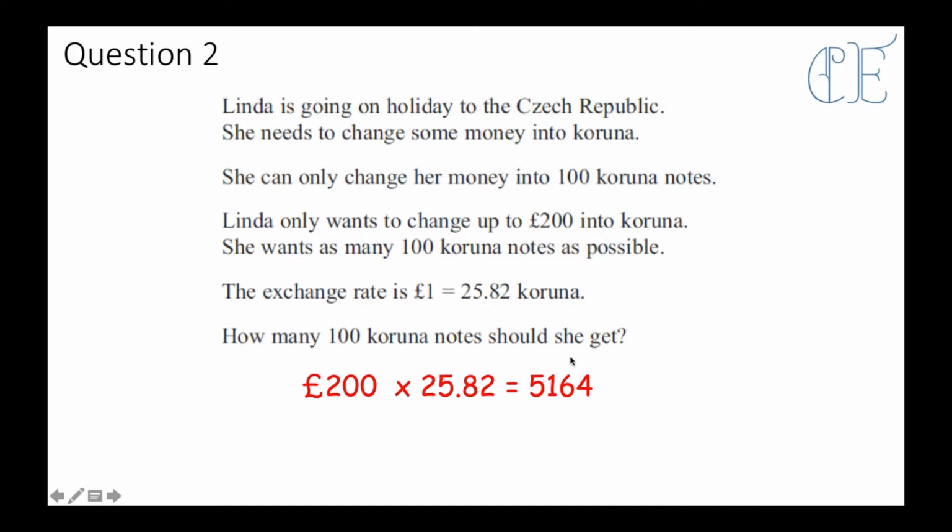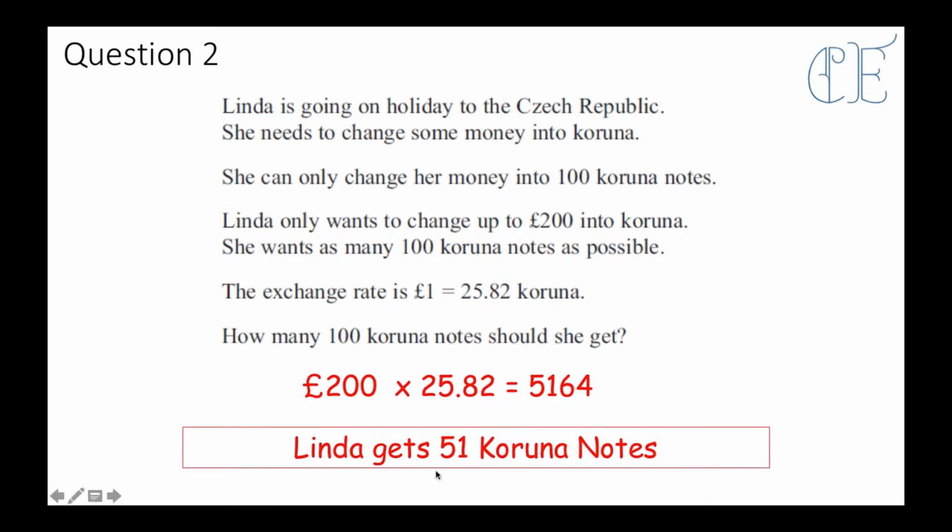Now, the actual question says, how many 100 koruna notes should she get? Well, she's got 5,164 koruna. So we need to divide that by 100 to work out how many koruna notes. So if we divide that by 100, it gives us 51.64, but there's not enough to have 52 notes, so it's 51. She gets 51 100 koruna notes. Okay.